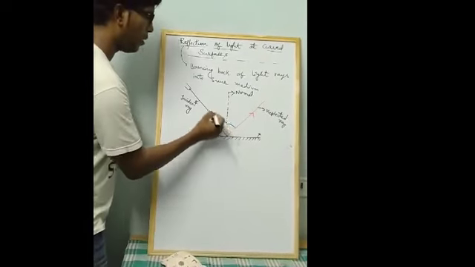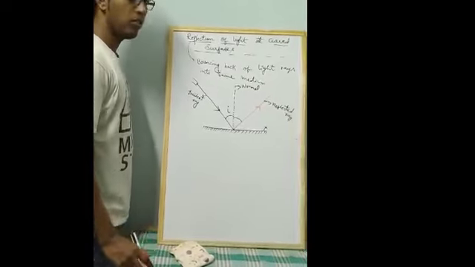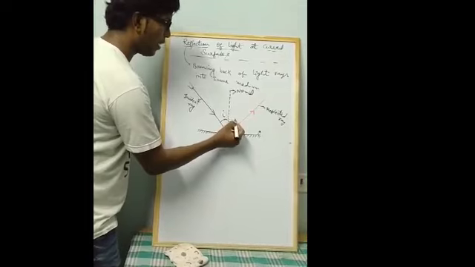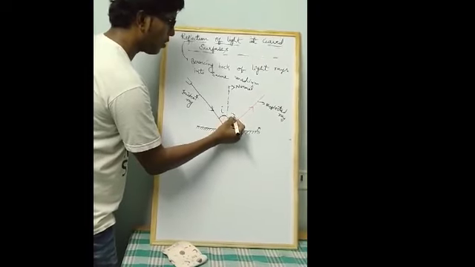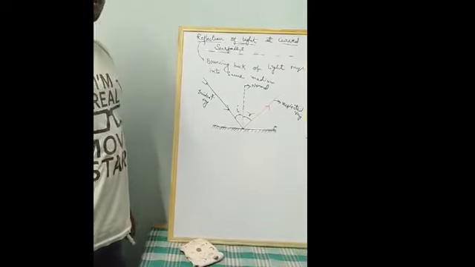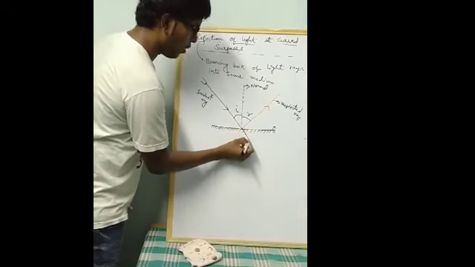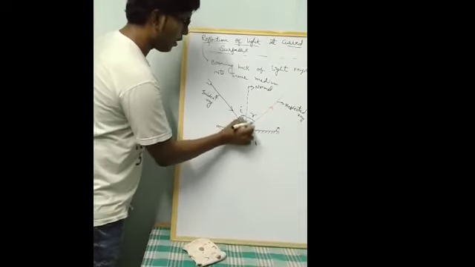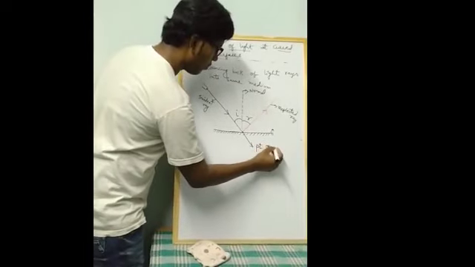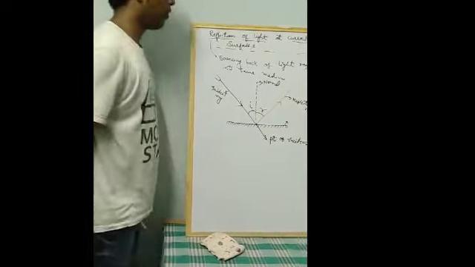The angle between the normal and the incident ray is called the angle of incidence, noted with small i, and the angle between the normal and the reflected ray is denoted with small r, called the angle of reflection. The point where the incident ray, reflected ray and normal meet is called the point of incidence.